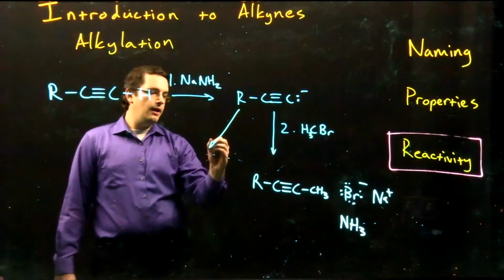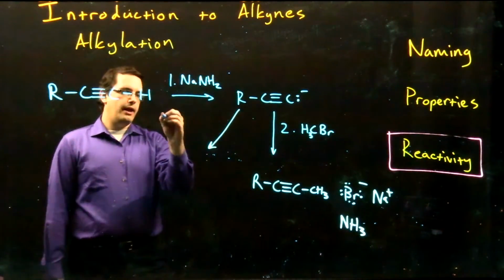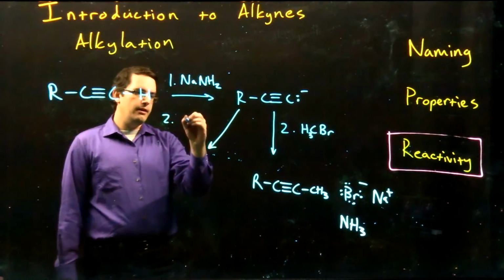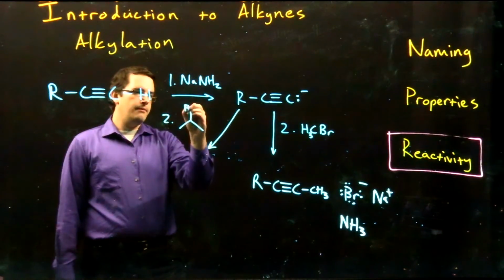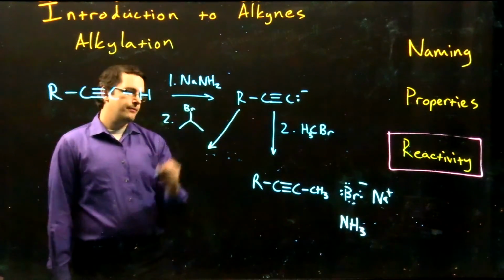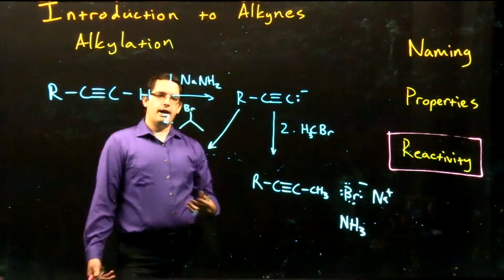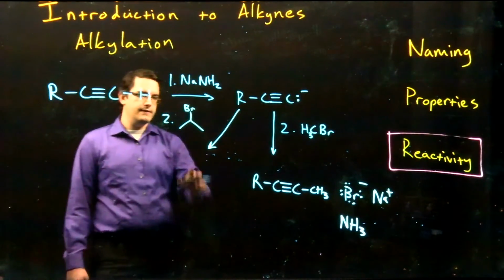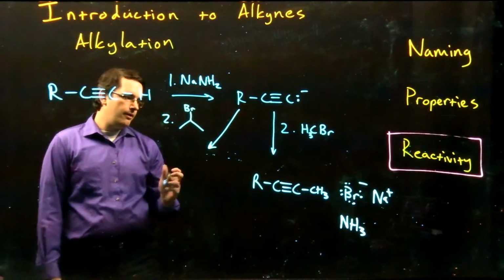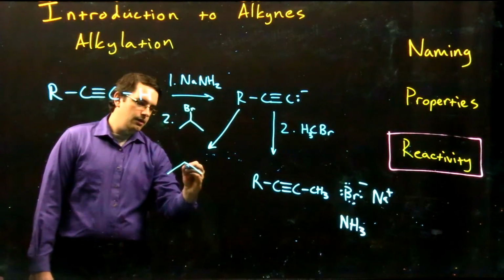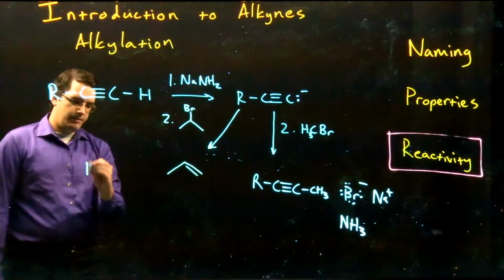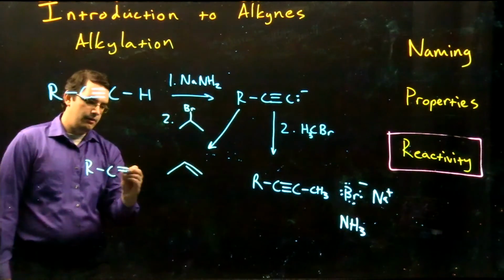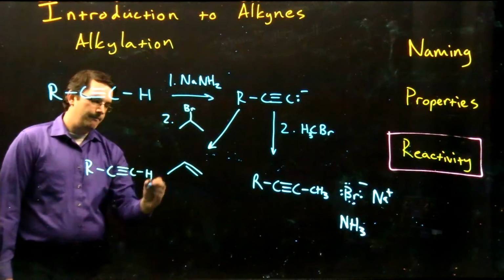Again, if I have a secondary or a tertiary alkyl halide, so let's say we have 2-bromopropane, here we would tend to react in an E2 reaction because of that extra crowding here, and so you would actually produce an alkene, and you would just reproduce your original alkyne.